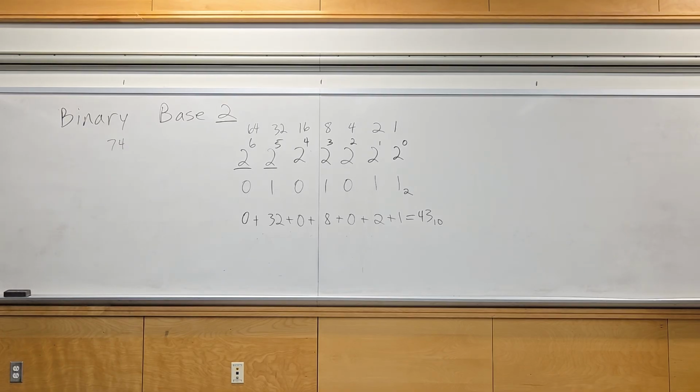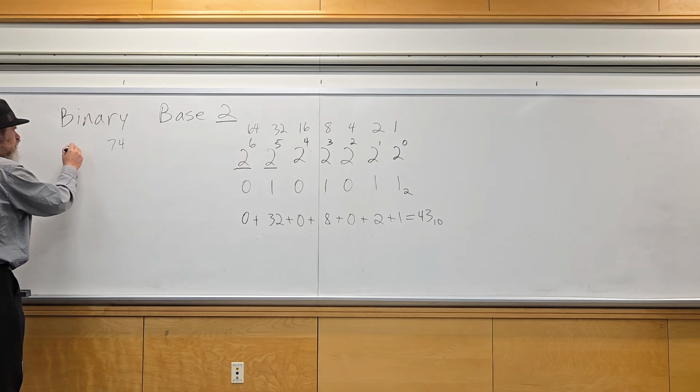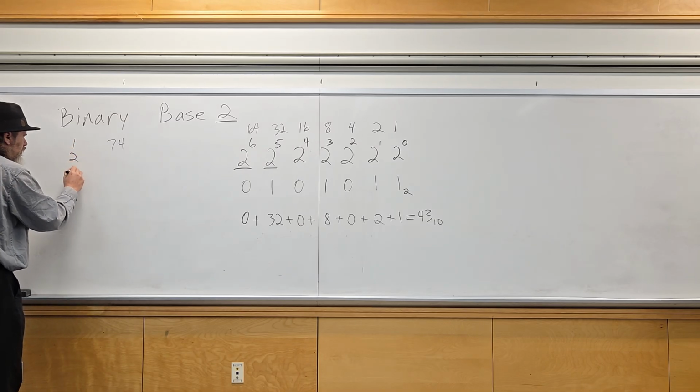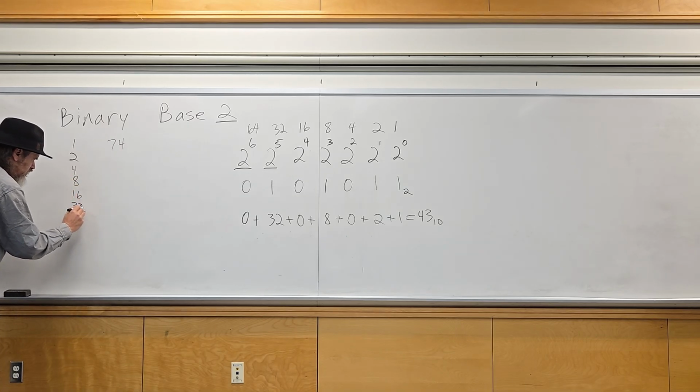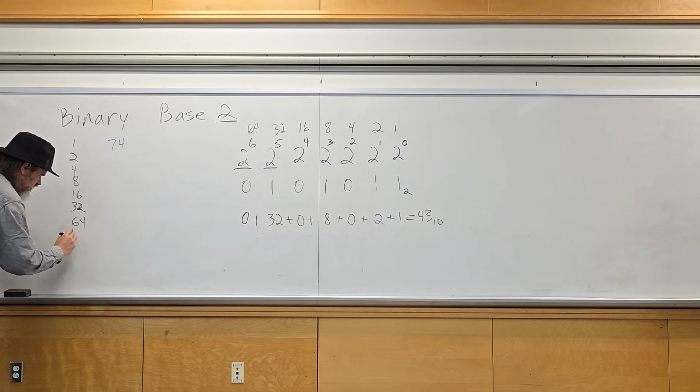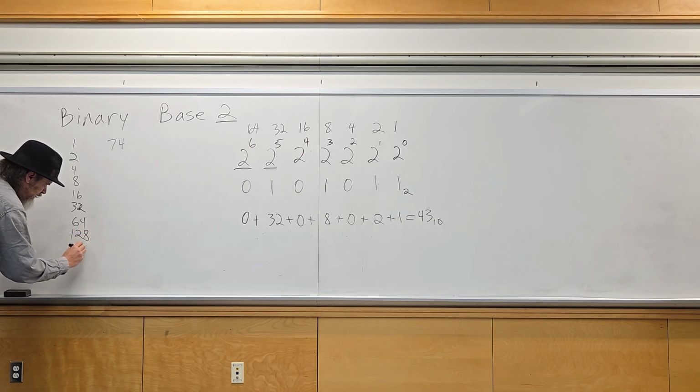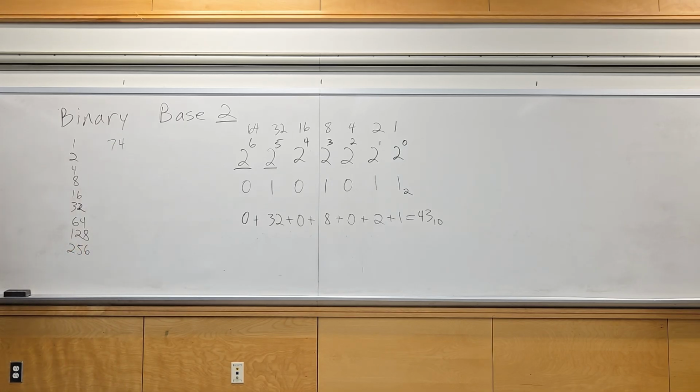Okay. Easiest way to do this by hand would be to write out your powers of 2: 1, 2, 4, 8, 16, 32, 64, 128, 256. Just get a good range there going.